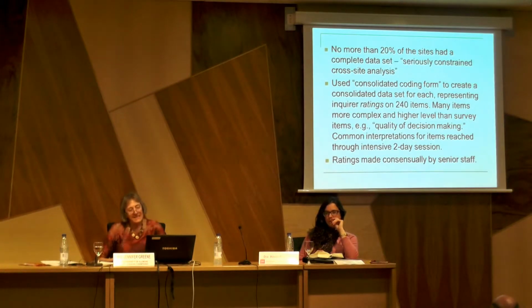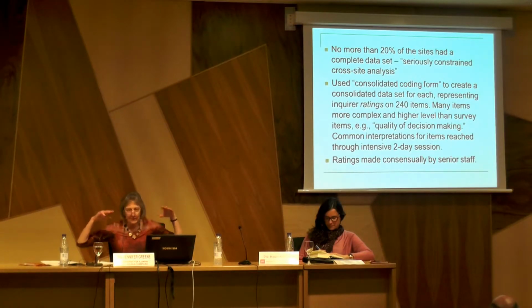So this consolidated coding form took the level of the construct up a level, higher level construct. Instead of, what are the decisions you made about implementation of this curriculum? They had a variable called quality of decision making. So they took the constructs being measured up a level of abstraction.